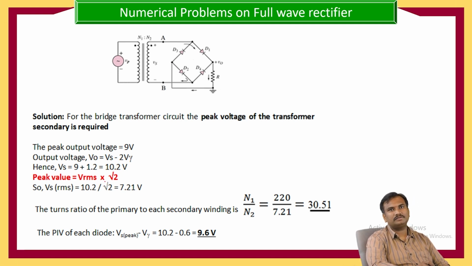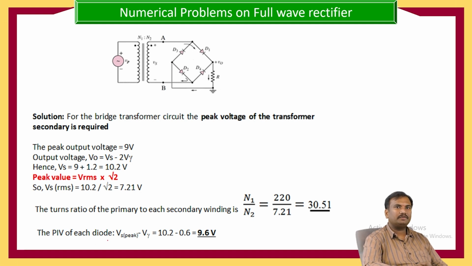And the peak value is equal to Vrms into root 2, where Vrms is 10.2 by root 2, which is equal to 7.21 volts. The turns ratio of primary to each secondary winding is N1 by N2, which is equal to 220 by 7.21, which is 30.51.